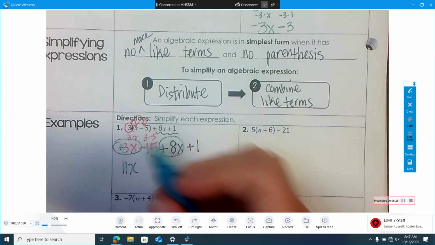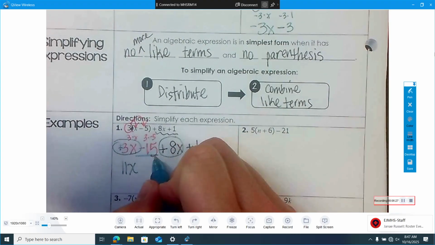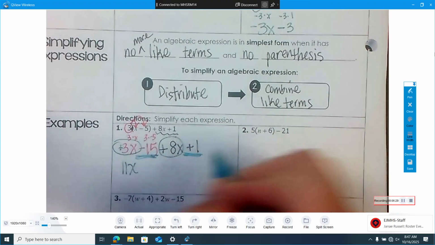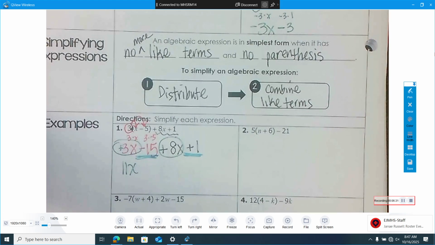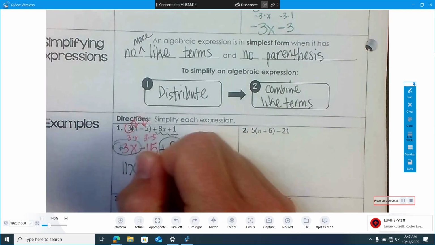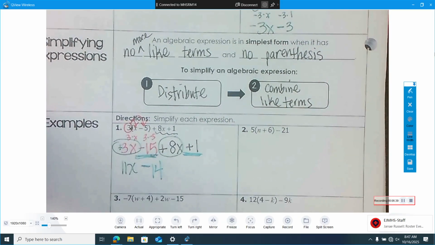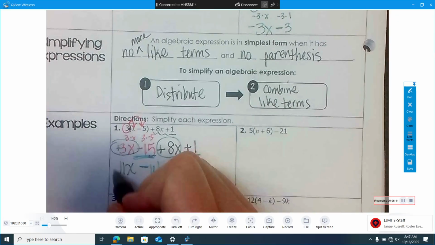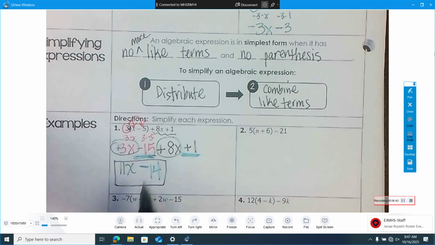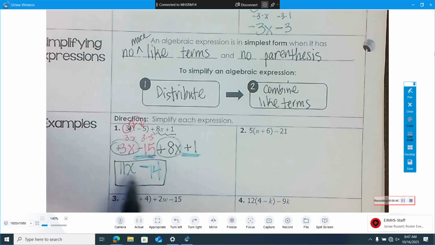And then we have -15 and a positive 1. Are they on the same team or at war? They're at war. Who wins? Negatives by how many? 14. Good. And that is our final answer right there. Can I combine the 11x and the -14? Can I put those together? Why not?